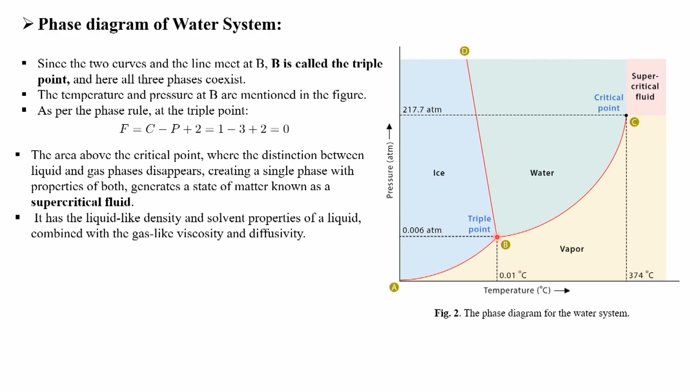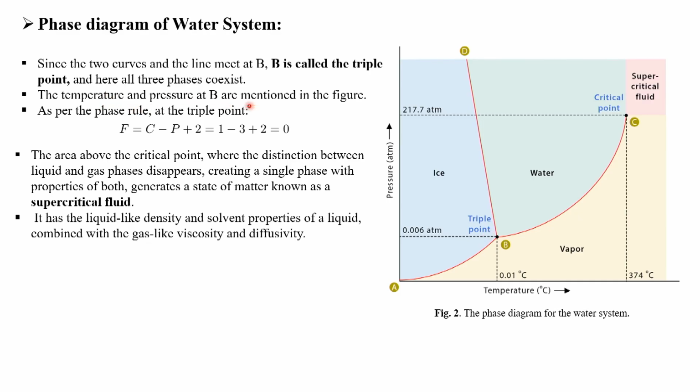We get the triple point, meaning all 3 phases of water coexist here. There is no degree of freedom, so we cannot change pressure or temperature. If we change either pressure or temperature, we will not get this triple point. Either we get 1 phase or 2 phases. So there is no degree of freedom at the triple point.